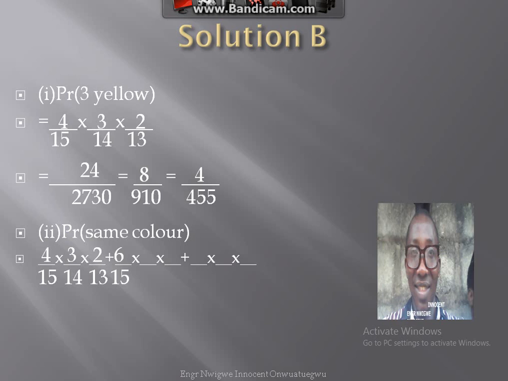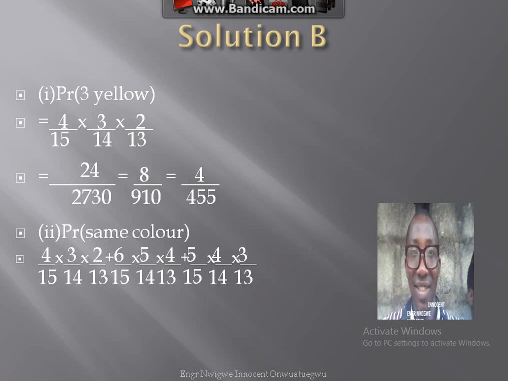You now pick 1, you have 5 over 14. You pick another red ball, you now have 4 over 13 in the basket, plus the black ball is 5 over 15. We remove 1, we have 4 over 14. We remove another 1, we have 3 over 13.